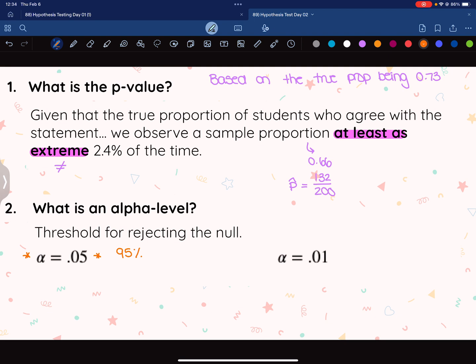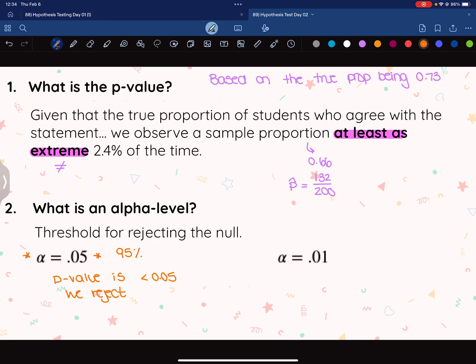If it didn't fall within that window, 5% is left over. It's a little too rare to happen by chance. Same idea here: if your p-value is less than 0.05, we reject.